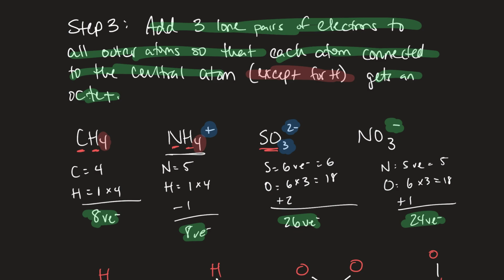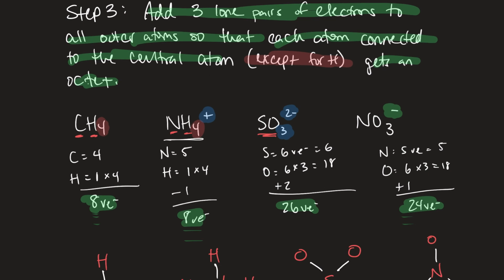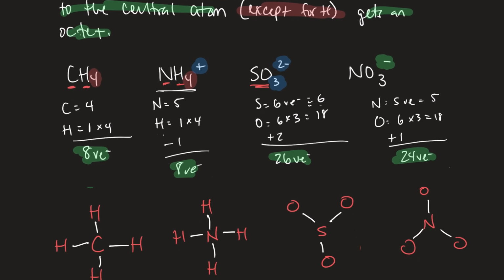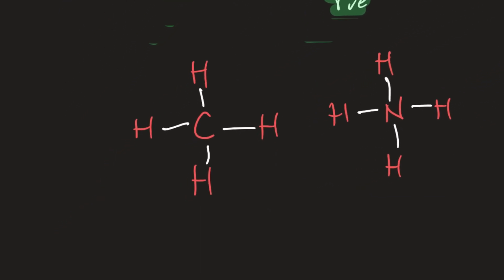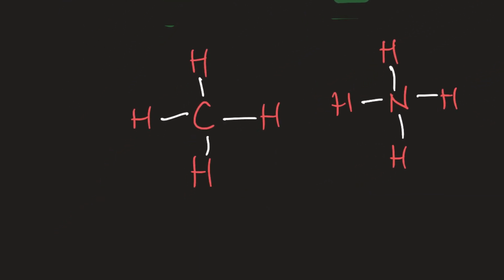Let's look at our examples from earlier so that we can see exactly what we're talking about. As I said, you want to add 3 lone pairs of electrons to all the outside atoms, except for hydrogen.